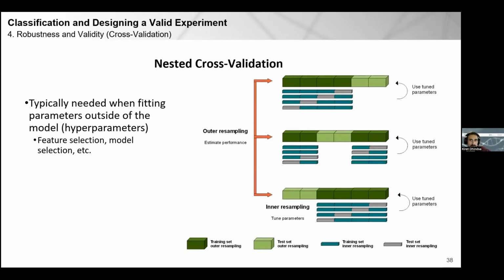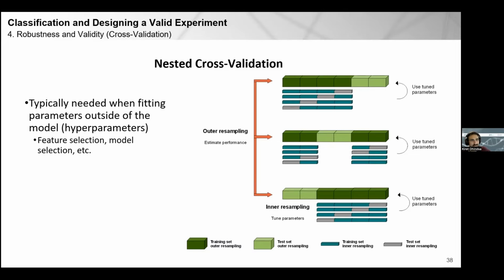So getting a little bit more advanced, and this is what has been used in the paper that was the recommended reading for this session, we can start to use something like nested cross-validation. And this is typically needed, for example, when we're fitting the parameters that are outside of the model, so the hyperparameters of the model.